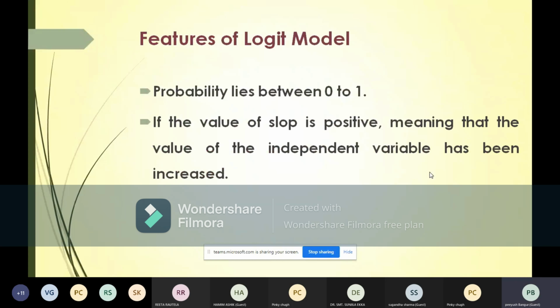Number 2: if the value of the slope is positive, it means the value of the independent variable has increased. This particular thing is a part of interpretation.